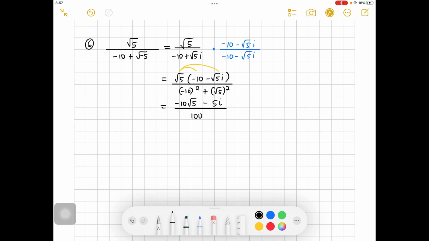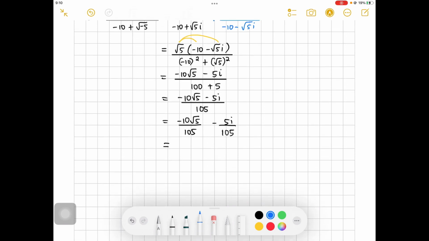For the denominator, we have 100 plus 5. We simplify. And we simplify.